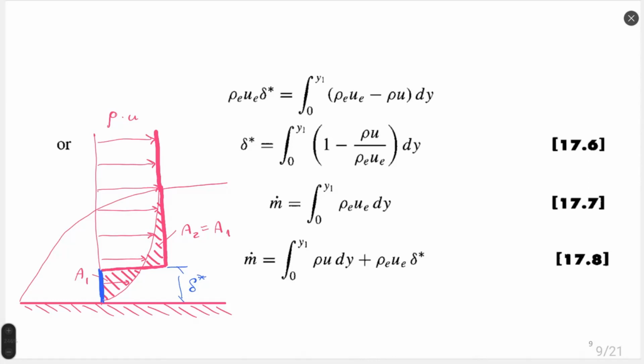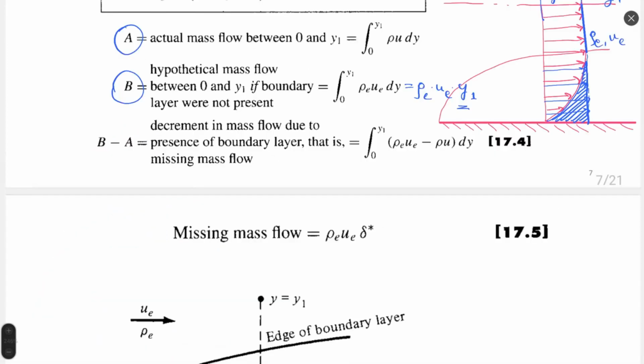And this zone can be calculated mathematically when we write the balance of mass in the profile of a boundary layer. Mass flow rate which is missing is the difference between mass flow rate B and A from our previous, B minus A. It is the difference between the hypothetical mass flow rate where a boundary layer is not present and the real mass flow rate.